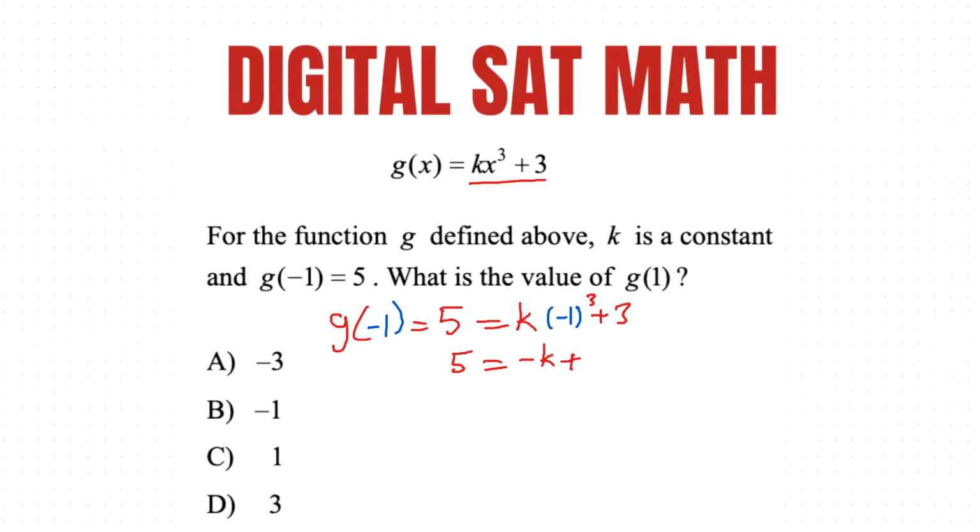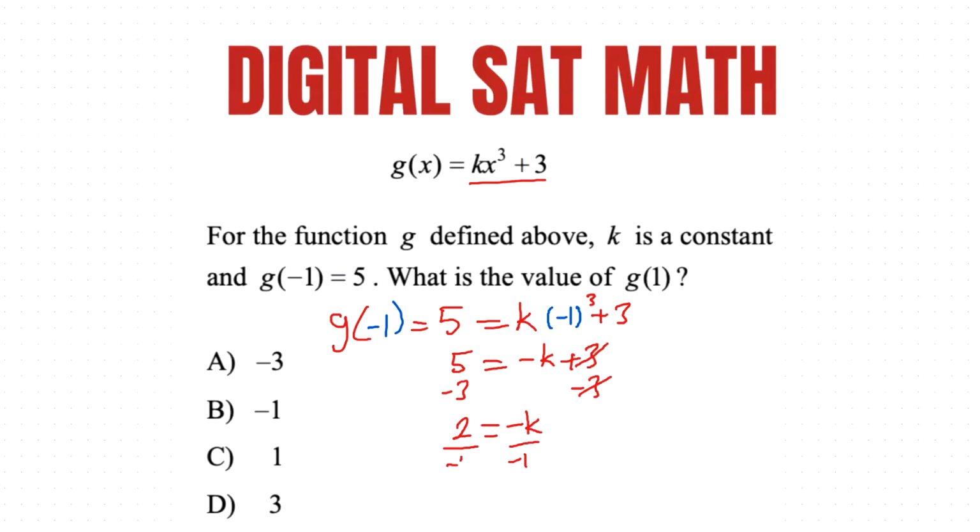To find a positive k, you can do a lot of things. Let's take away 3 from each side. On this side we will have 2, but on this side we have -k. To find the positive k, you can either multiply each side by -1, or you can divide by -1.